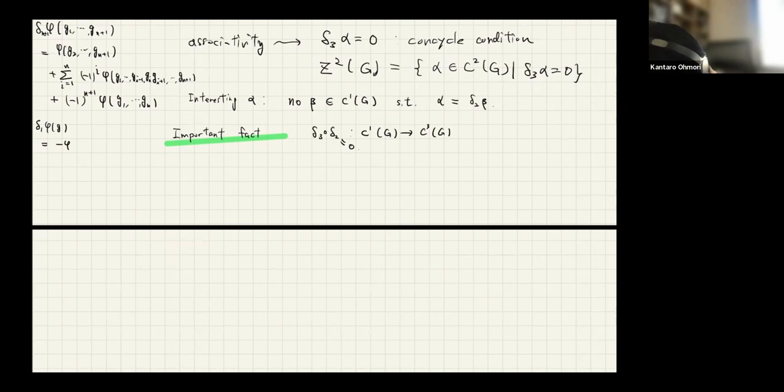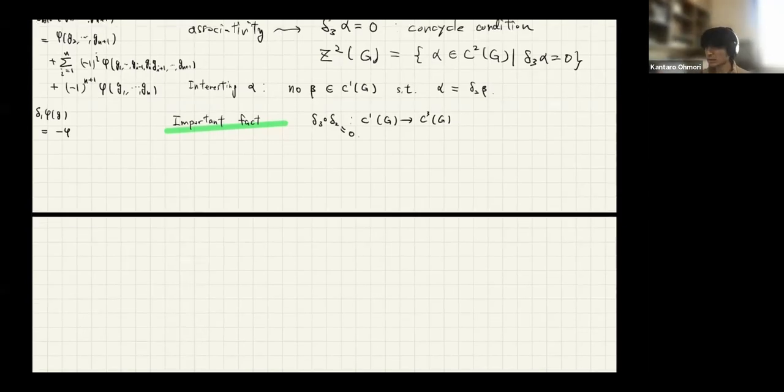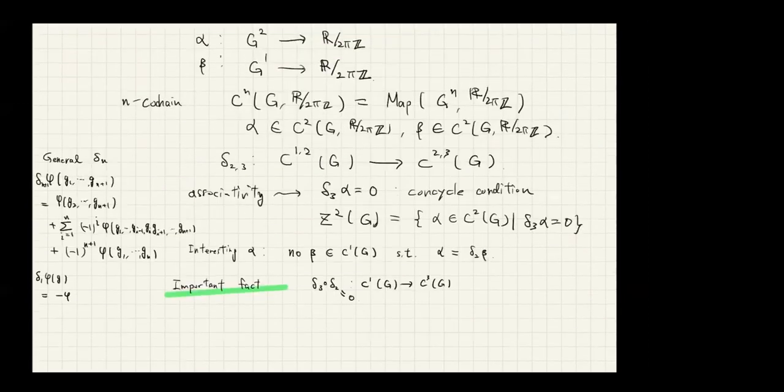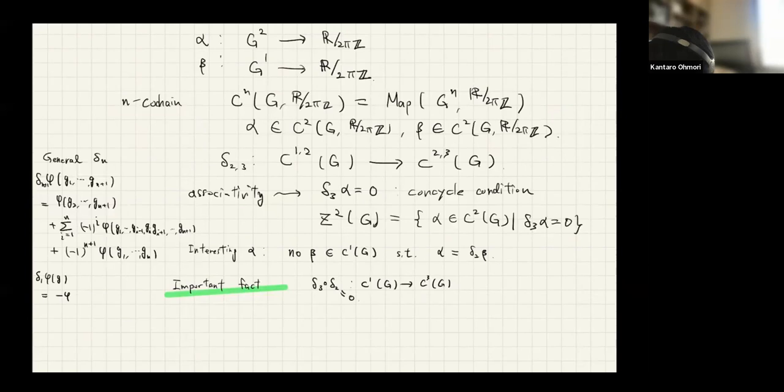The intermediate index is 1, but n is 0, so there's no further term. So that's delta 1, and this is the general definition.